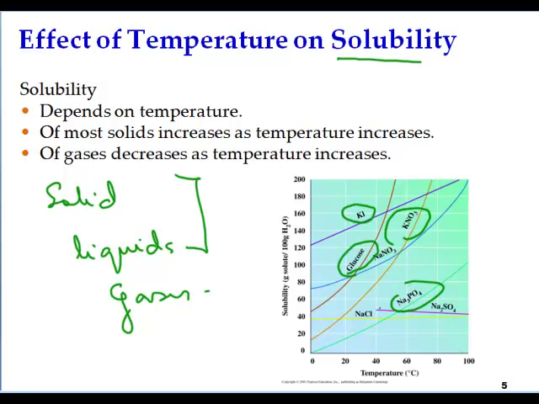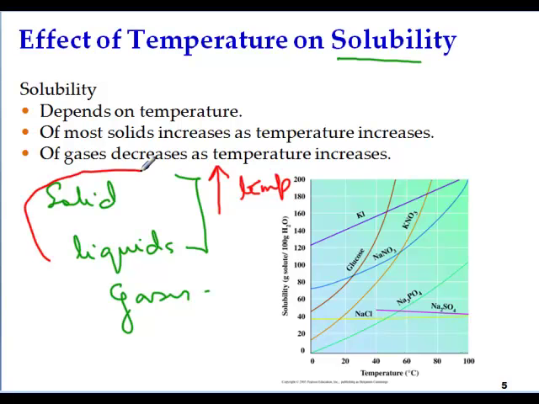You can see that for each one of them the graph seems to go higher, except for sodium chloride. It seems like a consistent pattern, but usually solids and liquids will increase solubility as the temperature is increased. So as you increase temperature, the solubility of these two states of matter will increase.